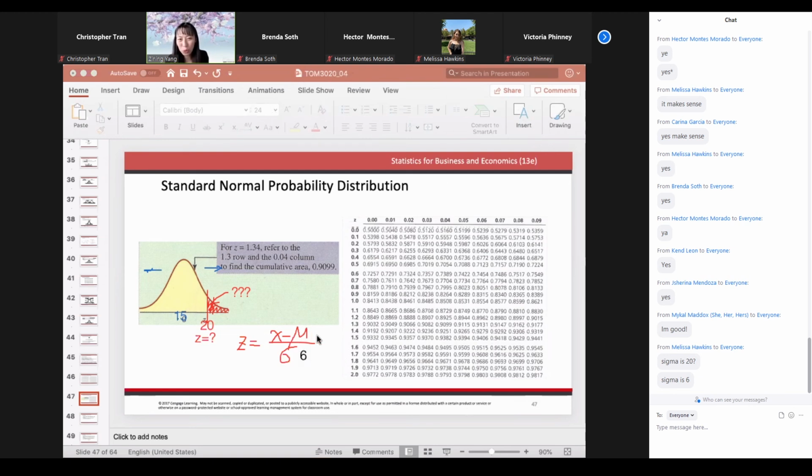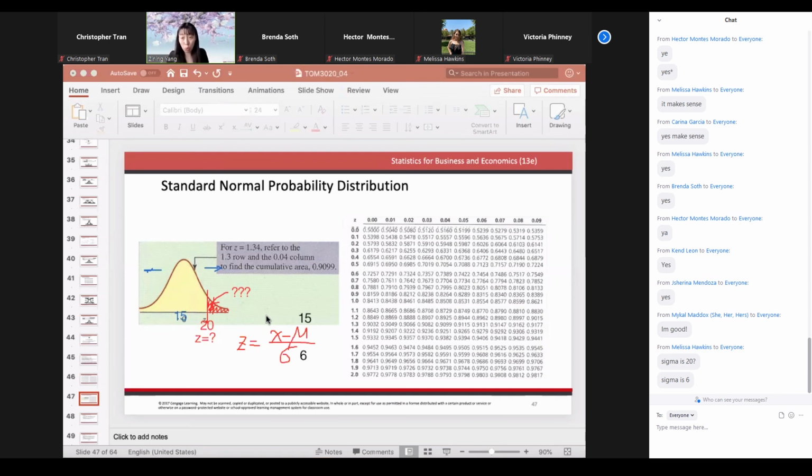What's mu? Mu is the population mean, right? We've said historic data says the population mean demand is 15 gallons. And what's X?